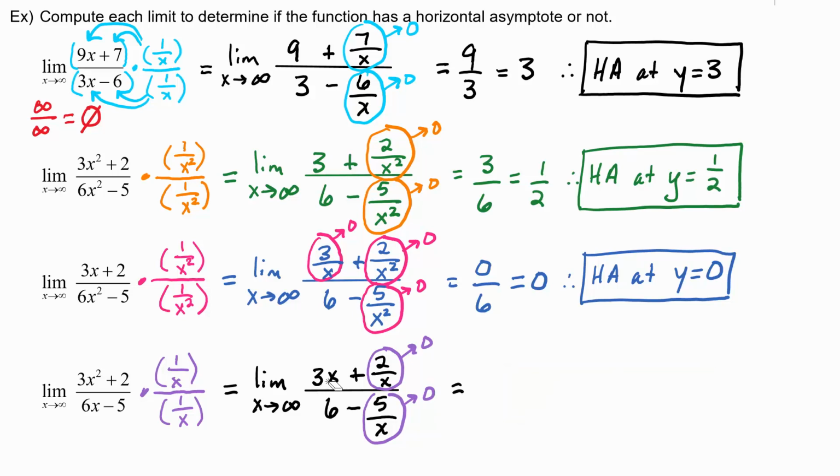Now of course 3 times infinity is infinity in the numerator. We have a 6 in the denominator, and infinity divided by 6 is infinity. So in this case, because the limit as x approaches infinity of the function did not equal a real number, therefore there's no horizontal asymptote.